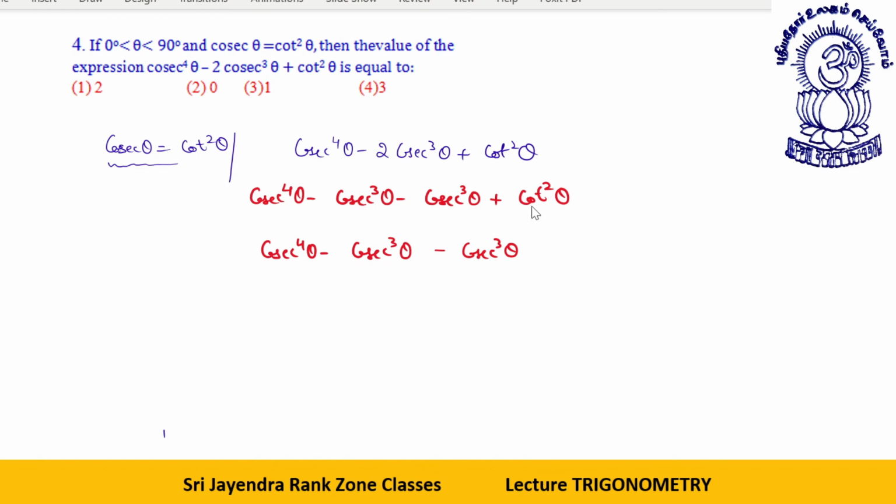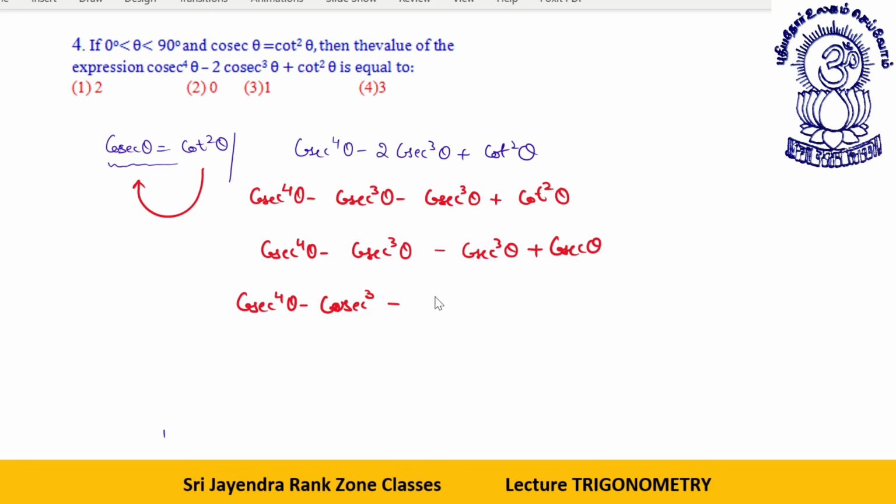This is cot square theta. This cot square theta can I read as cosec theta? Okay. Now this is cosec 4 theta minus cosec cube theta. This is plus cosec theta.